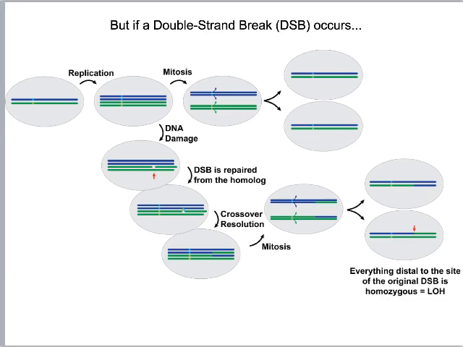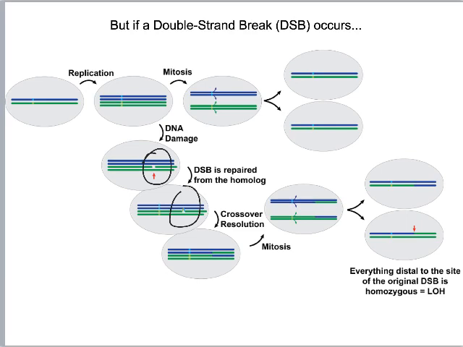But if something goes wrong, as here, I get DNA damage and I get a double-strand break down here in one copy of the chromosome. The DNA damage is supposed to signal for repair. One way that can be repaired is through homologous repair mechanisms. Down here, the 2 ends of that break invade the homolog.